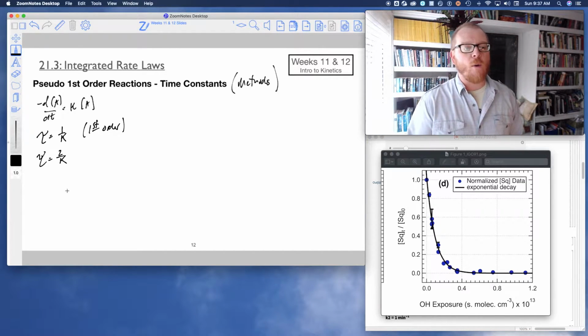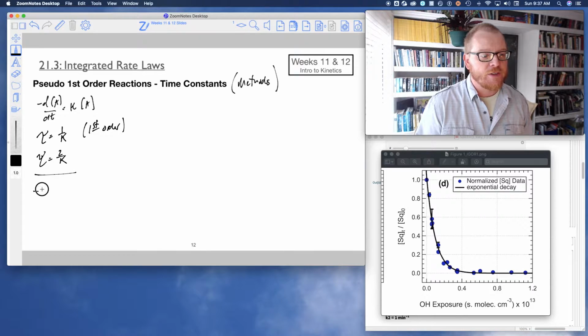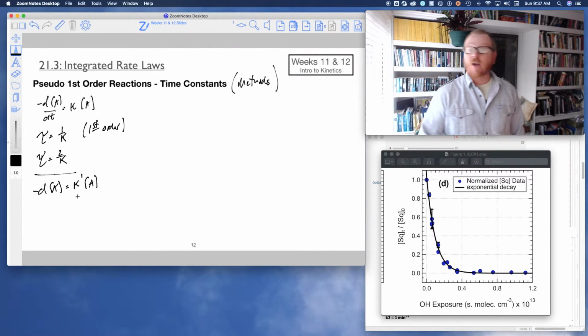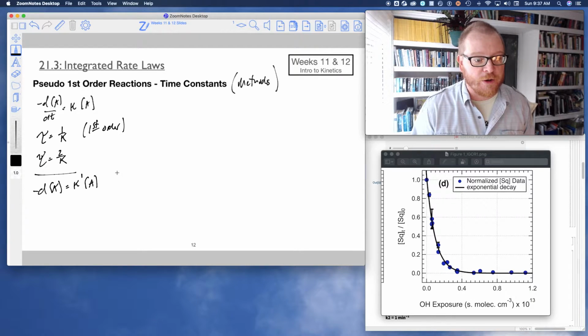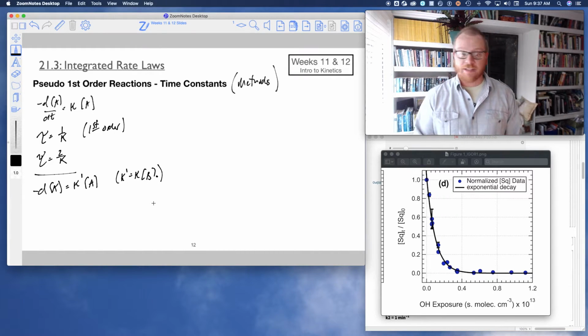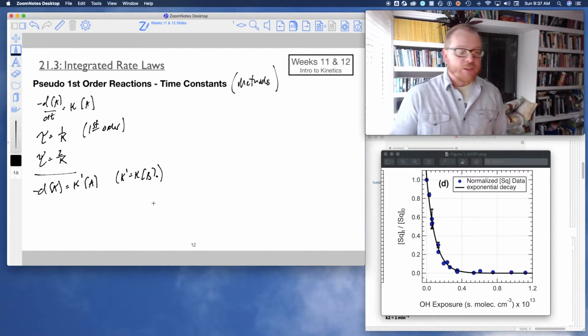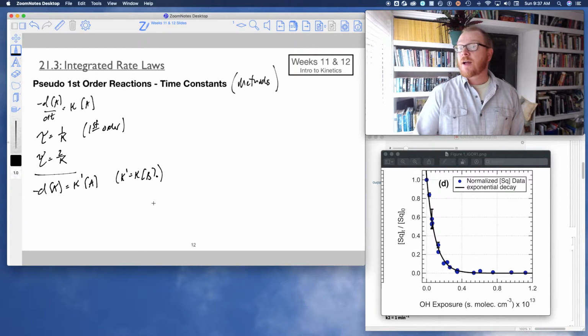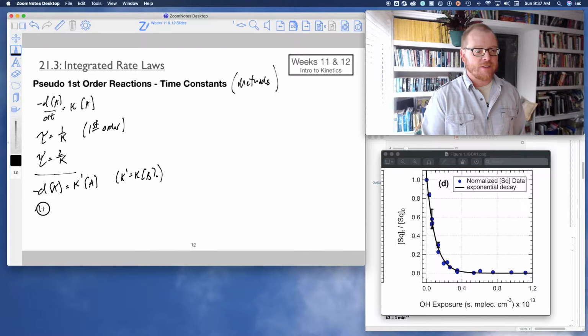So what about now under pseudo first order conditions? When I say negative dA equals K prime times A, I recognize that's the pseudo first order rate constant. So K prime is K times the B initial concentration. Now I can still use this notion of a lifetime under pseudo first order conditions.